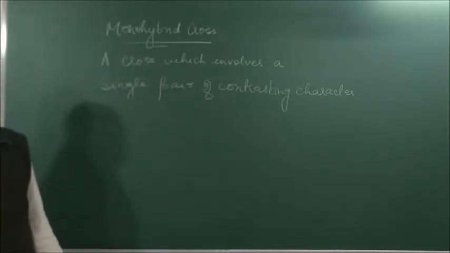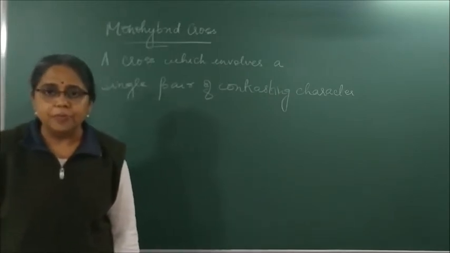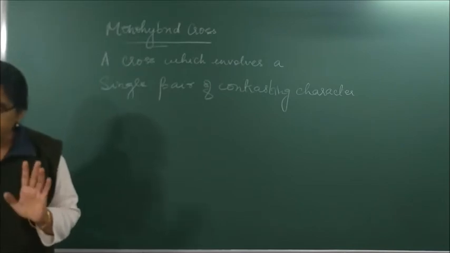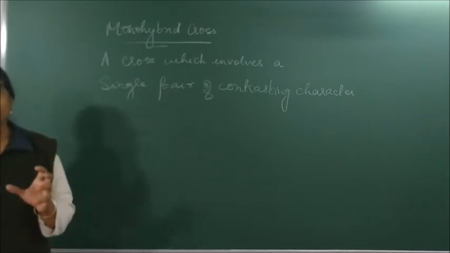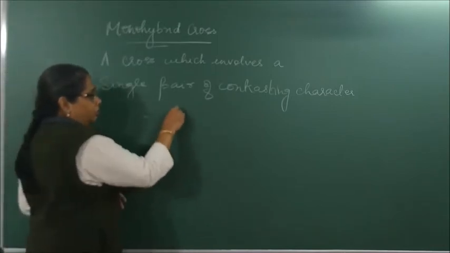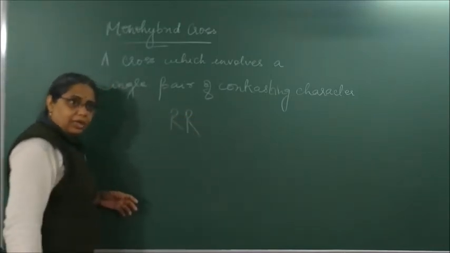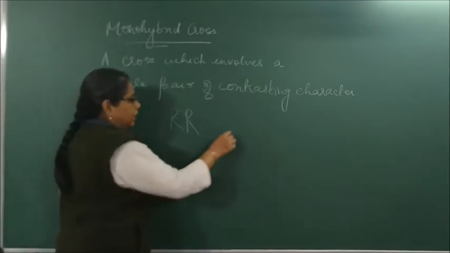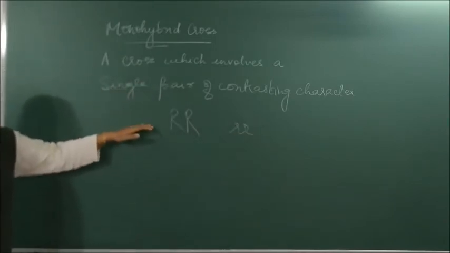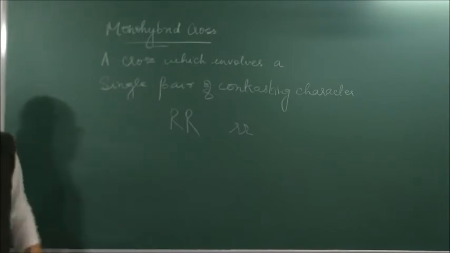If I have to represent a character in its pure form, I should always represent it with two alphabets. If I have to represent round, it is R. If I have to say wrinkled, it becomes small r. Why? In one place I am using a capital and in the other a small letter.